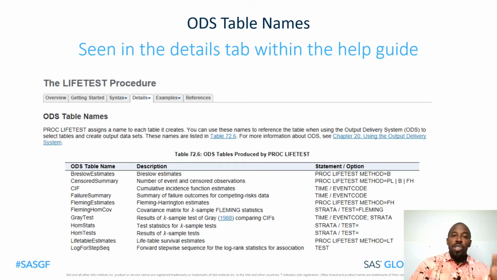You can also use the help guide to find the names of all the output objects available within the procedure. Here, I've selected the lifetest procedure details tab and then selected the ODS table names link to see all the available table names within the lifetest procedure.